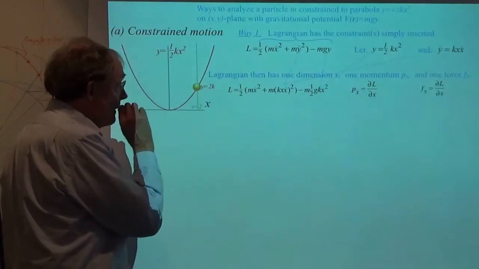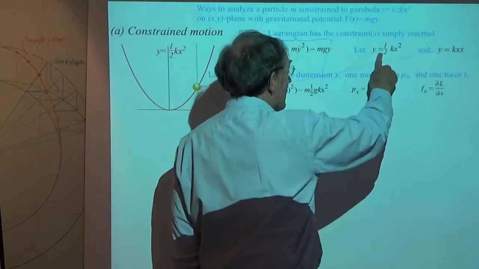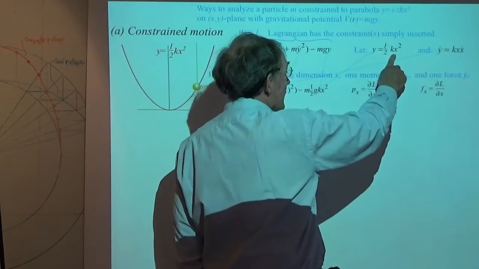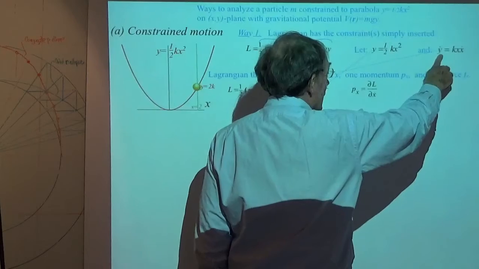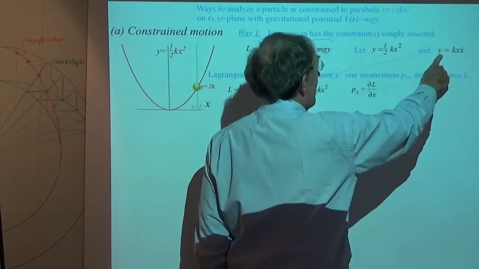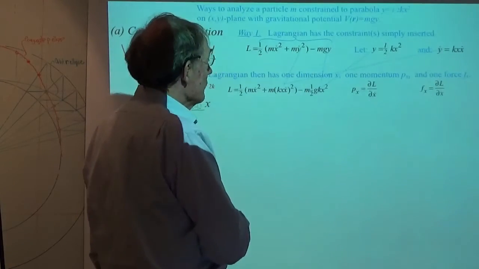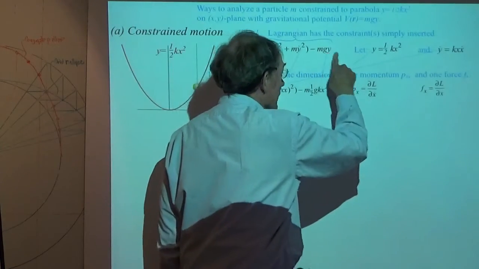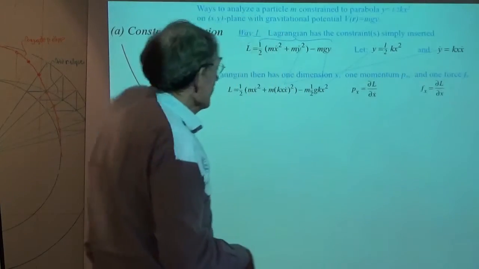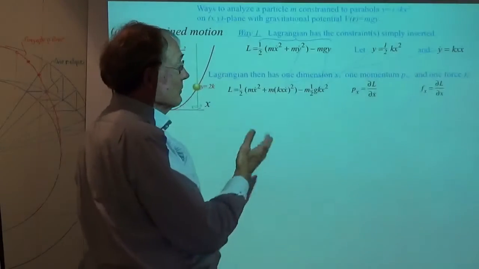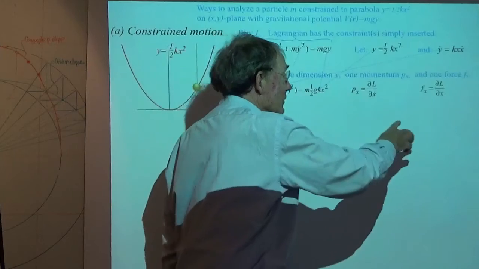And I'm just doing the replacement here of the constraint being the equation for this particular parabola, and its derivative with respect to time. So sticking in y prime for that, and then we're going ahead and sticking the y value in here. Then once you have that, it's a one-dimensional Lagrangian.